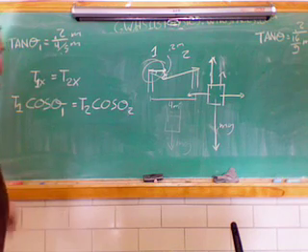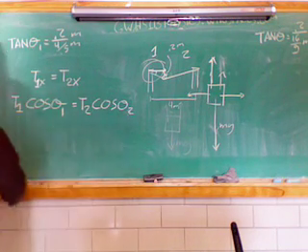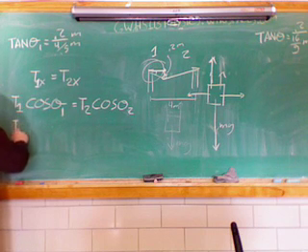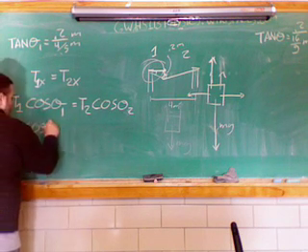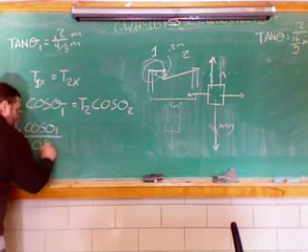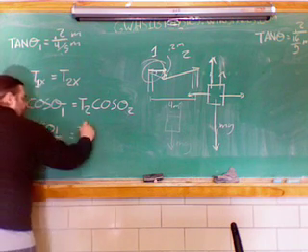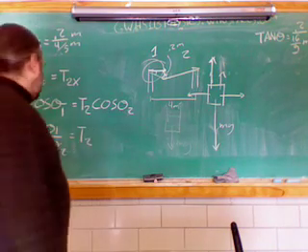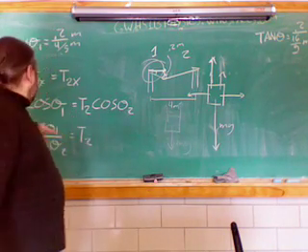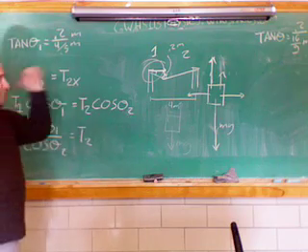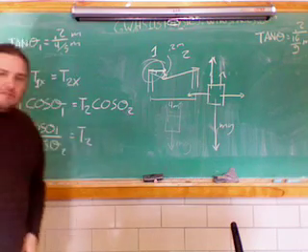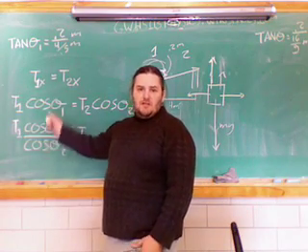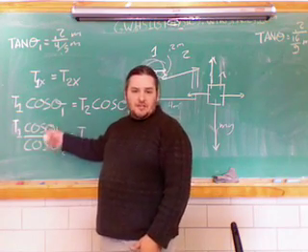So that way I can then say T1 cosine theta 1 over cosine theta 2 is equal to T2. Okay? So I have this solution where I'm relating tension in this direction to the tension in this direction. Really, I have a scaling factor. This is just 2 times as large, 4 times as large, half as large. So that's all it's going to do. It's going to scale it for me.